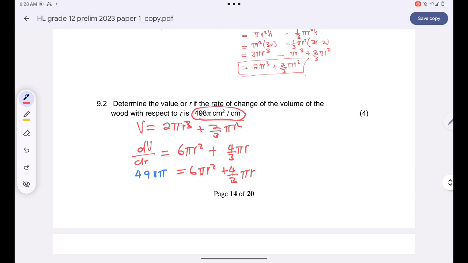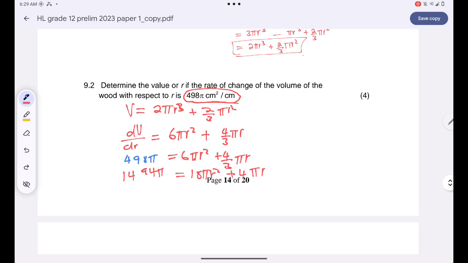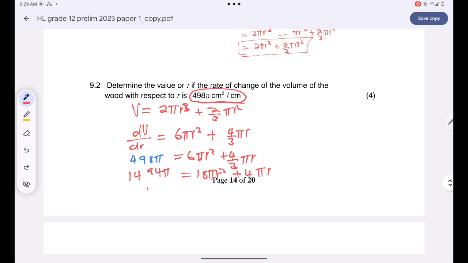All you can do here is first multiply each and every term by 3. 498 multiplied by 3 gives 1494 pi. This is equal to 18 pi r squared plus 4 pi r. Then you can divide each and every term by pi, and you'll end up having 1494 equal to 18 r squared plus 4r.